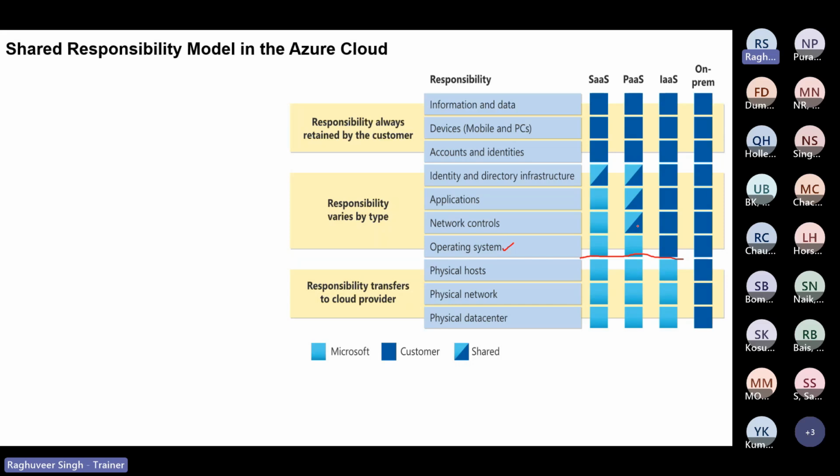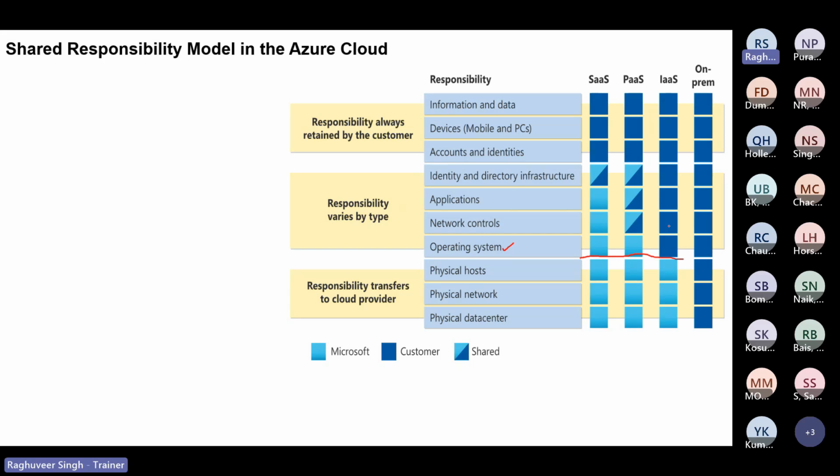Now, if you see the networking services in IaaS, it is also the responsibility of the customer. Why? Because when you provision a virtual network in Azure, it is your discretion whether you want to take a smaller address space, a bigger address space, an address space from class A, class B, class C. It is your discretion whether you want to deploy DDoS protection to safeguard your network.